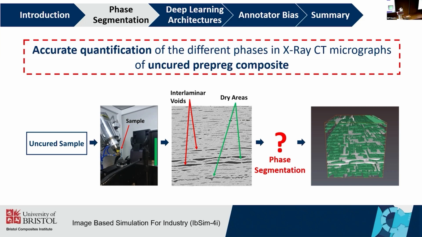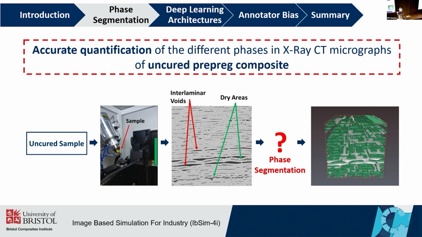Important here to remember is that the dry areas can display a wide range of gray values depending on the amount of air that they contain. And this is really important because that will determine the accuracy or the performance of the phase segmentation. For example, we have dry areas that are displayed with darker values, and that means that they contain a high portion of air.